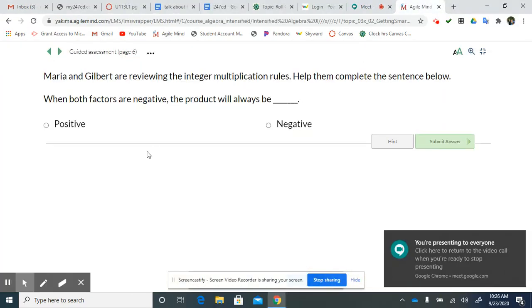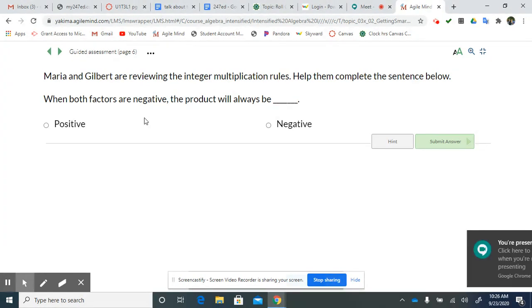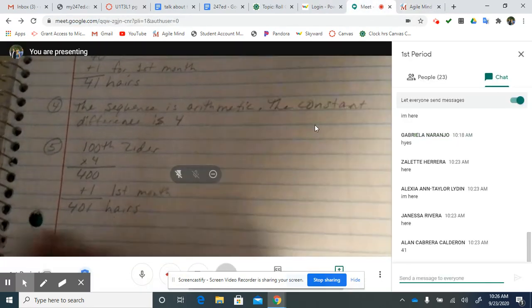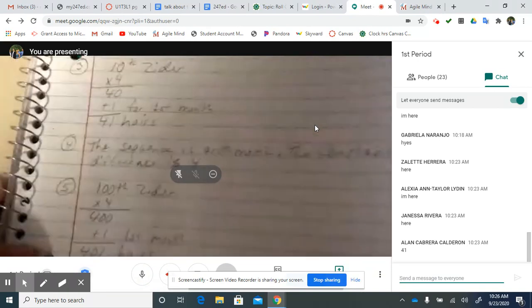All right, number 6. Maria and Gilbert are reviewing the integer multiplication rules. Help them complete the sentence below. When both factors are negative, the product will always be... What do you think? Yeah, you're right.